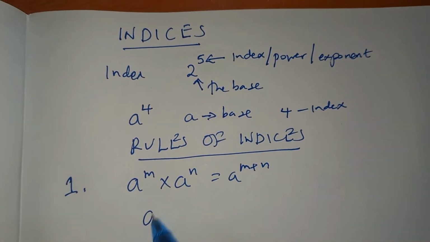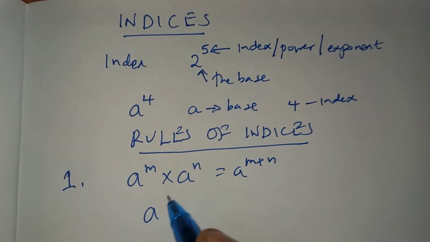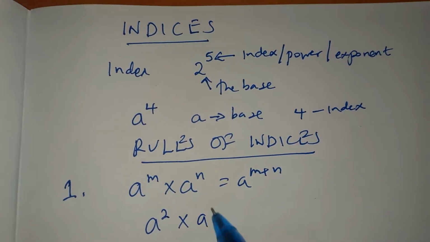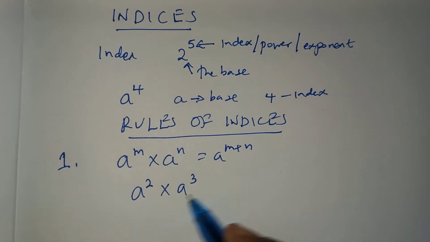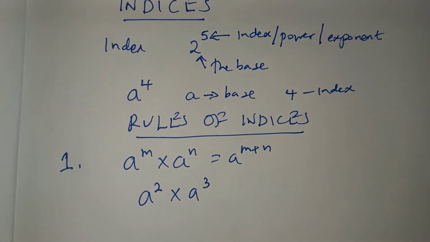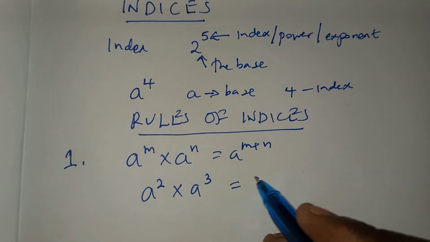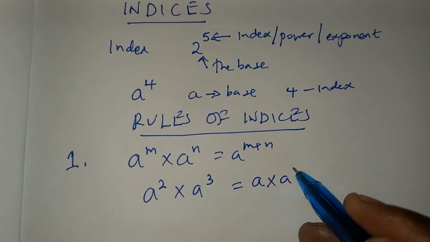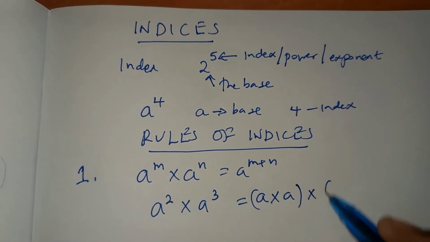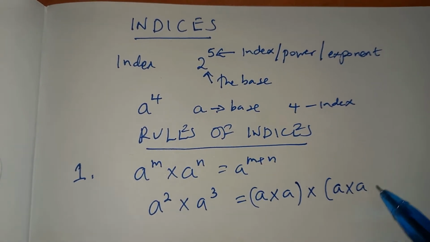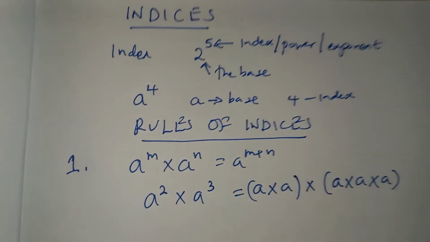Suppose we have a squared multiplied by a cubed, and we want to simplify that. Then we will take a multiplied by itself twice and multiply by a multiplied by itself 3 times.